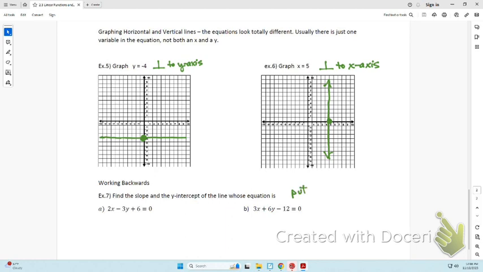Put in slope-intercept form. In other words, solve for y. Right now we can't see the slope, but the moment you solve for y, you can see the slope. So let's move 2x and 6 to the other side.